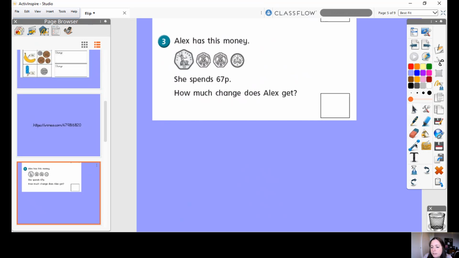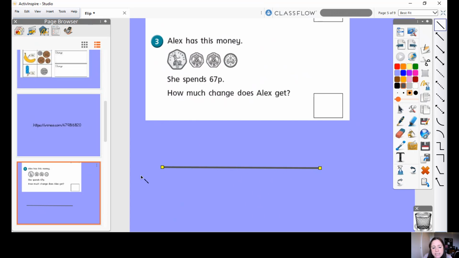Or you might want to count on from 67 up to this amount here and find out how many steps you had to take to get up to this amount. This is our altogether number here. So have a think about how you would like to do that one.